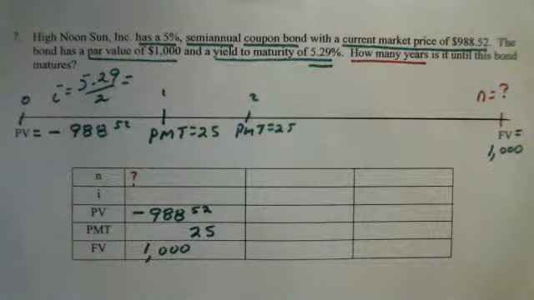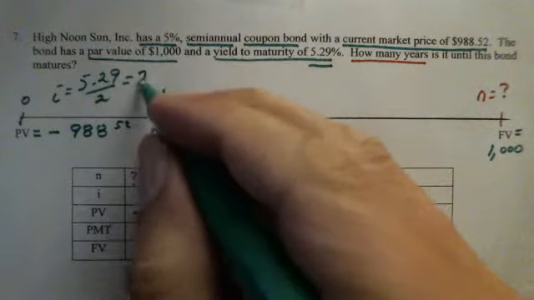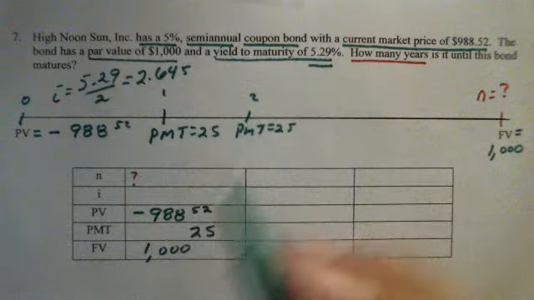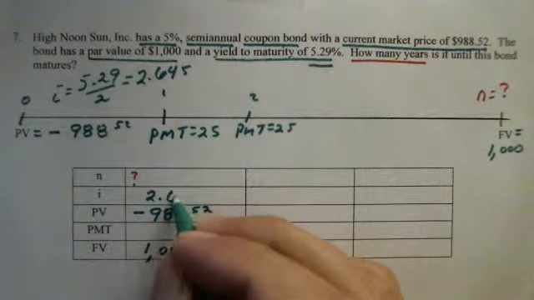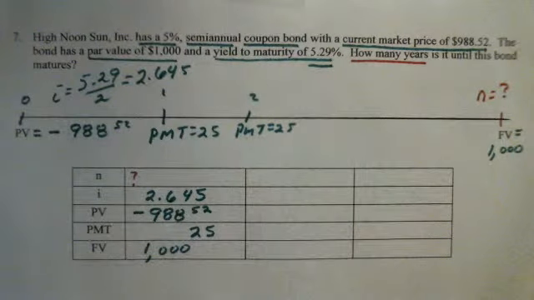Just to the side here, I'm doing the calculator work: 5.29 divided by 2, and so I get 2.645. That's going to be my I. That's what a lot of people forget to do. They would unfortunately put the I as the given 5.29, but everything has to be apples with apples, as it were. If it's a semi-annual coupon bond, then everything has to be written accordingly.